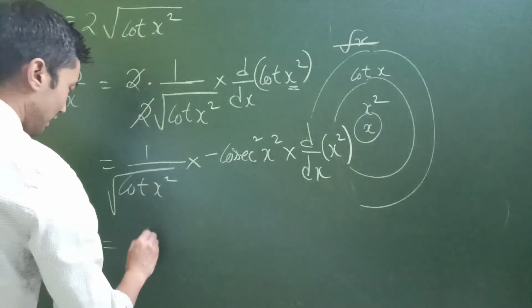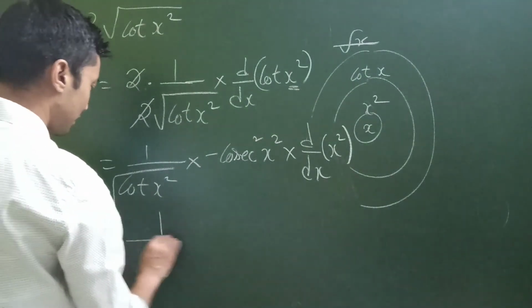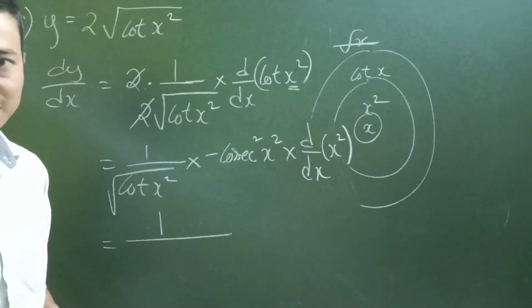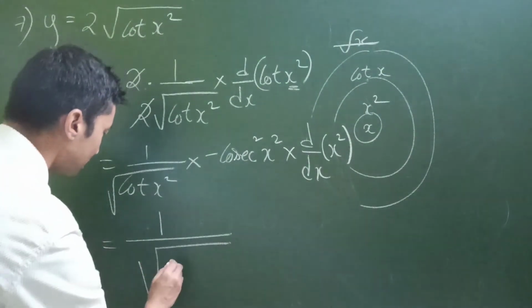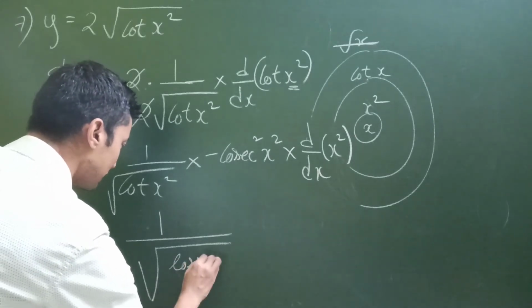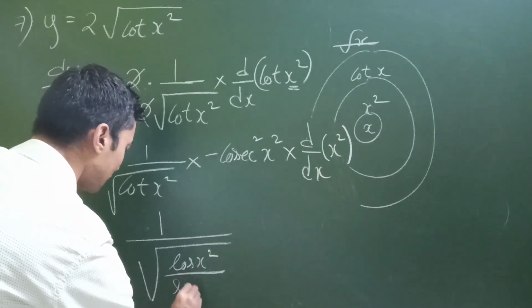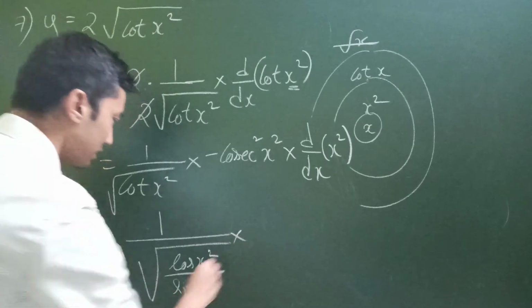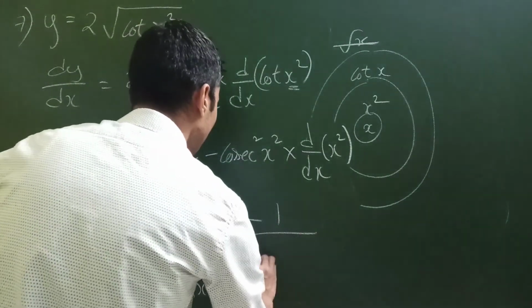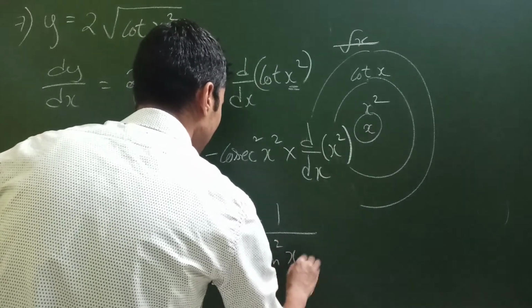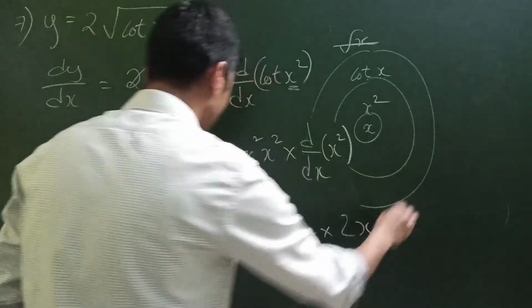Now I checked the textbook answer, so I will match with respect to the textbook answer and solve it for you. The derivative of cot x square can be written as cos x square by sin x square, into minus 1 by sin square x square into 2x.